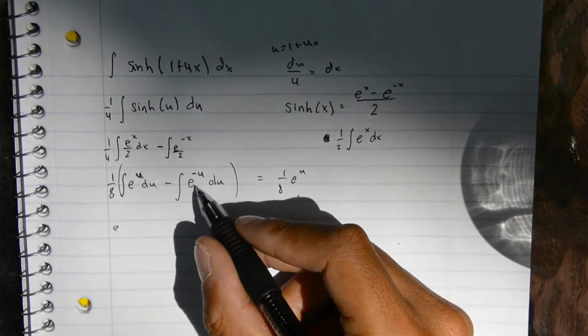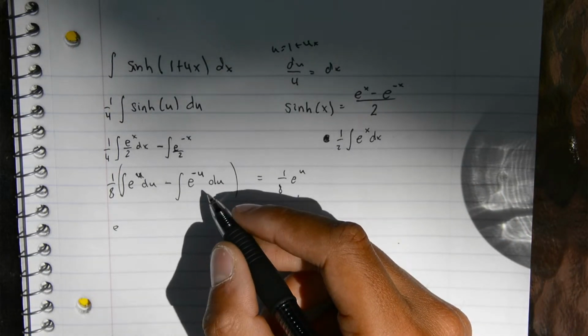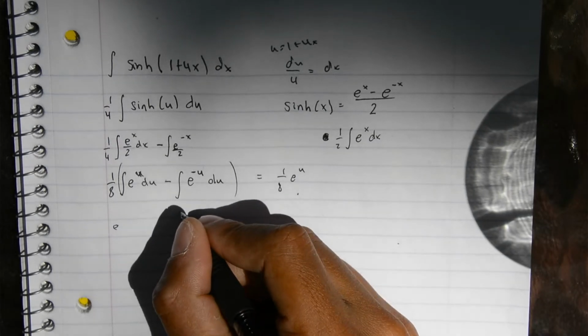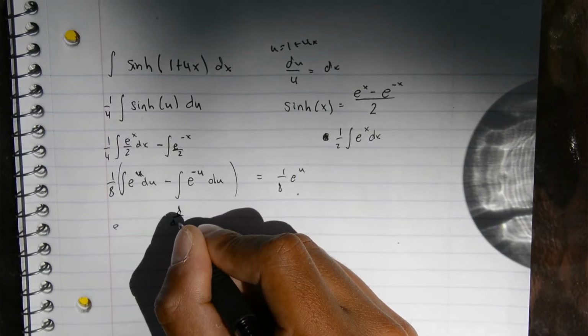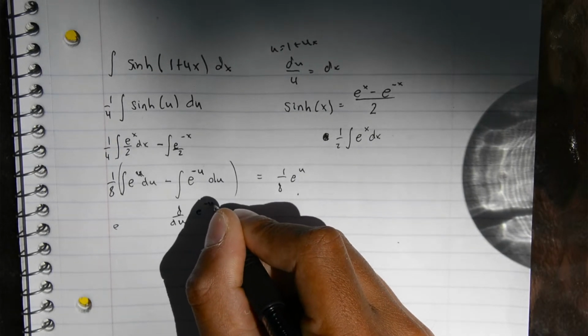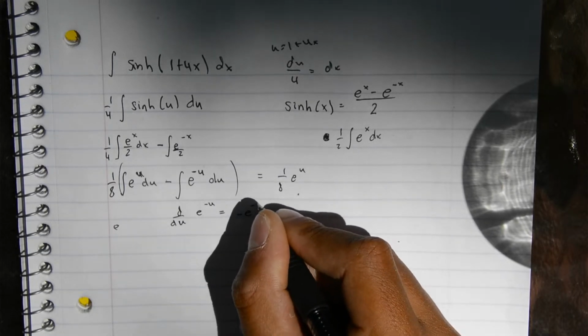And then the integral of this is what? Well, if we think about it, the derivative of e to the minus u is equal to minus e to the minus u.